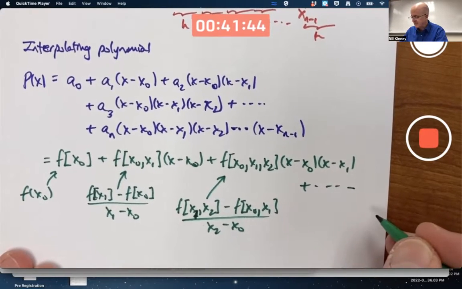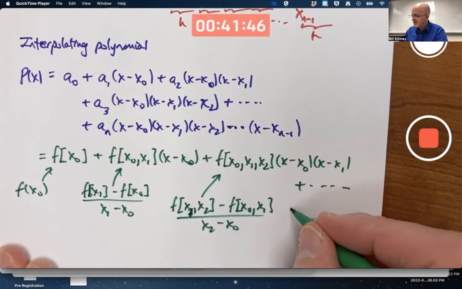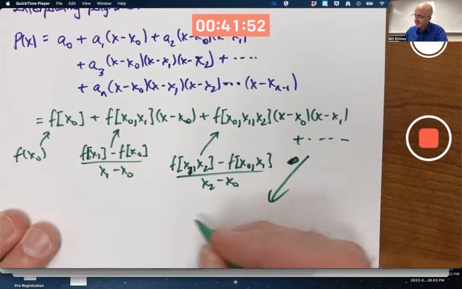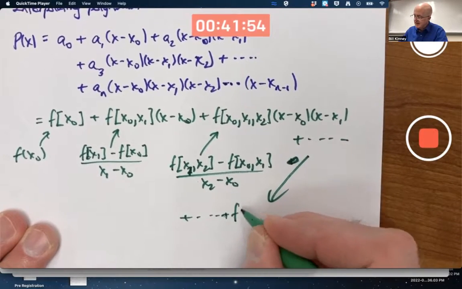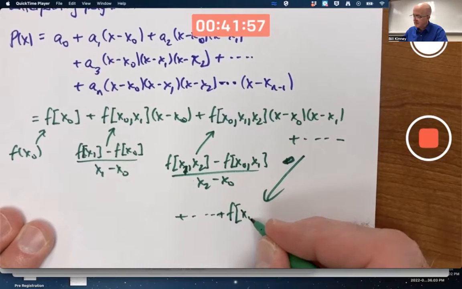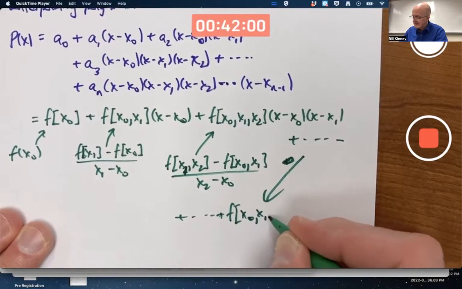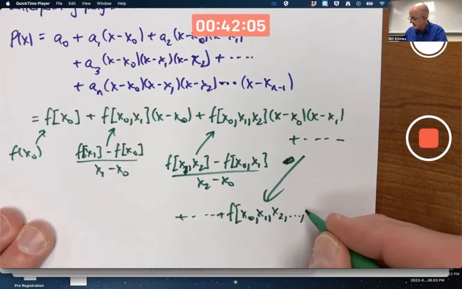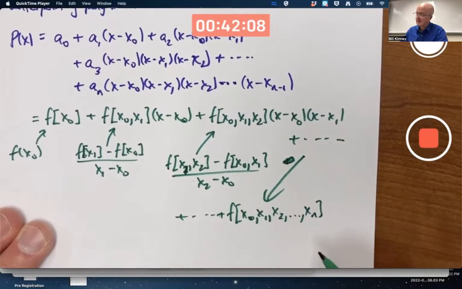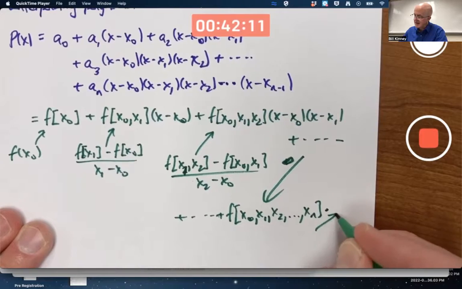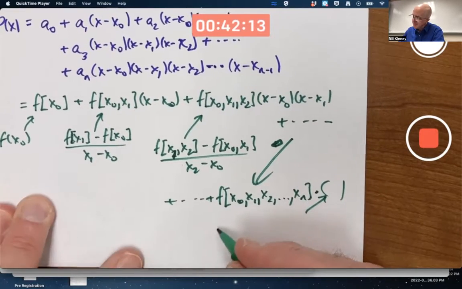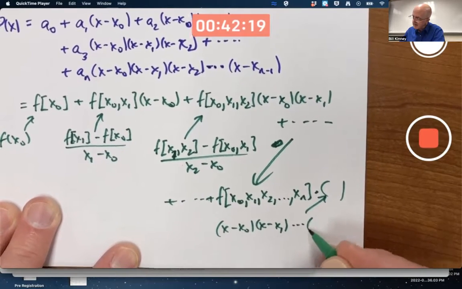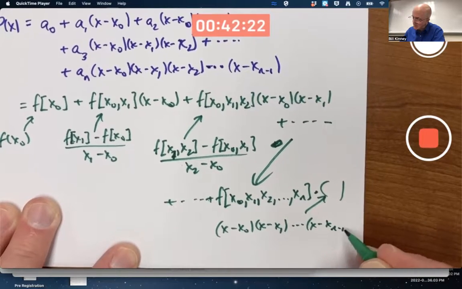It's not an infinite series here. The last term, and put down here, is an nth divided difference. That is a divided difference of n minus first divided differences. You'd have an xn there, but it gets multiplied by the same thing we multiplied by before, the one where the last subscript is n minus 1.